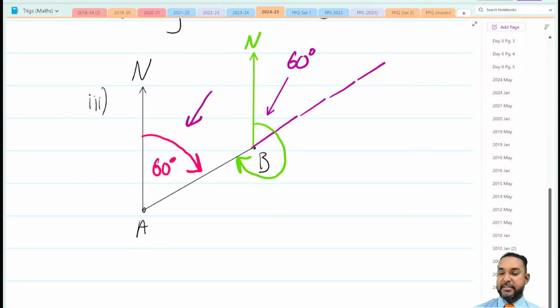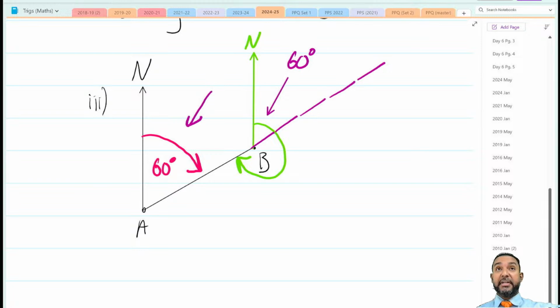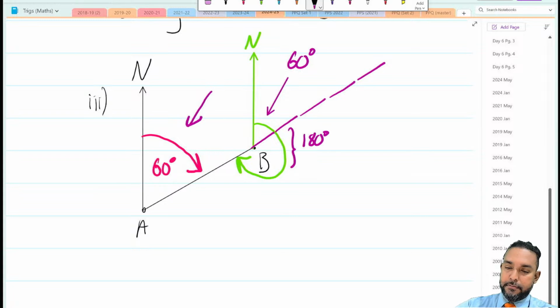We've cut it into a 60-degree portion, and then the other portion on this side, if you notice, this whole thing is a straight line, not so? And the angle on a straight line is 180 degrees, which means that the section down here is 180 degrees. So the total bearing of A from B would be the sum of 60 and 180 degrees, which will give us 240 degrees.